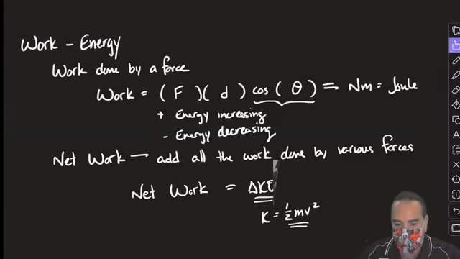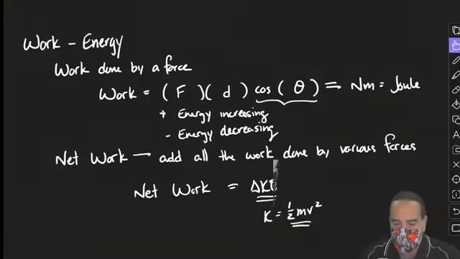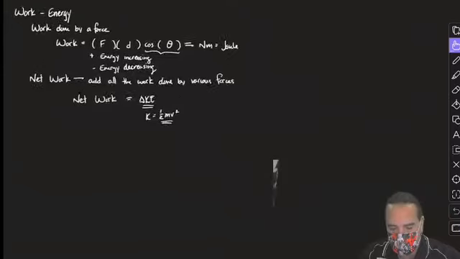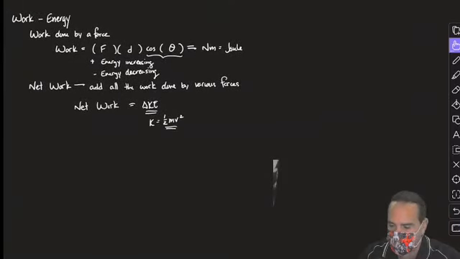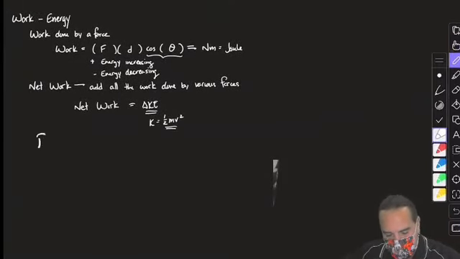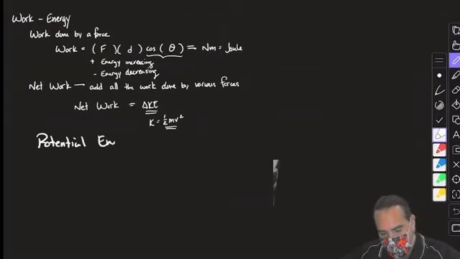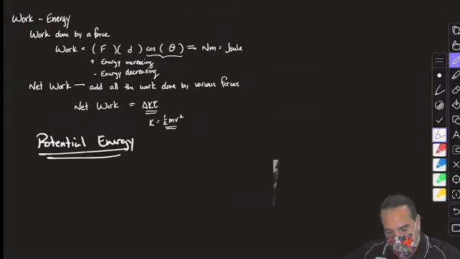And we worked various examples of this, but now we also have something else to add to this. Because on Friday, we talked about potential energy. Potential energy is energy storage, the ability to store the work done and use it at a later time.